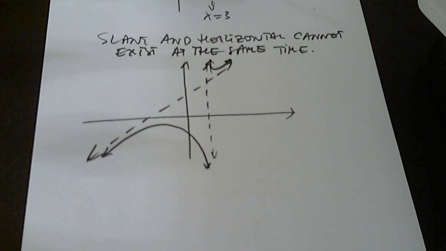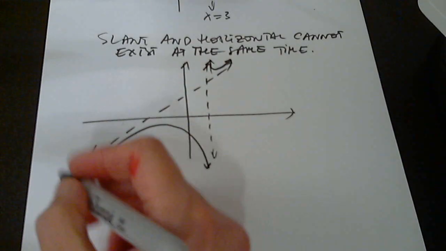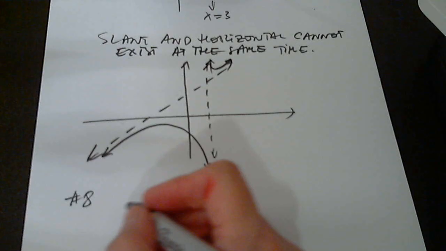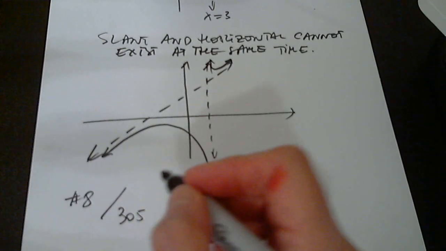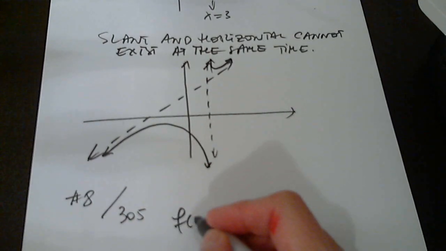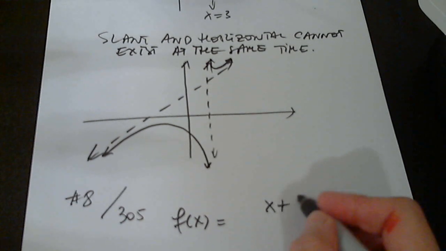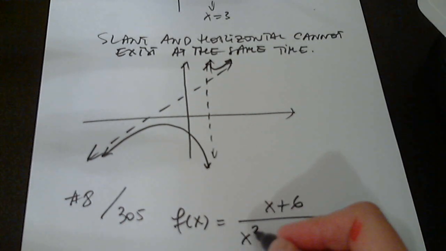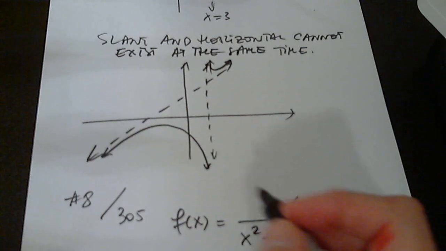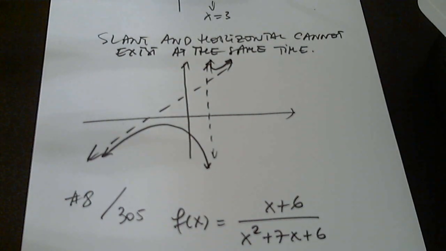Can we do number 8? Yes, number 8, perfect. So in number 8 on page 305, the function is f of x equals x plus 6 divided by x squared plus 7x plus 6. Perfect pick. You will see why. Good.